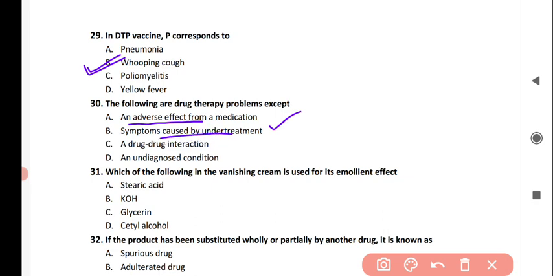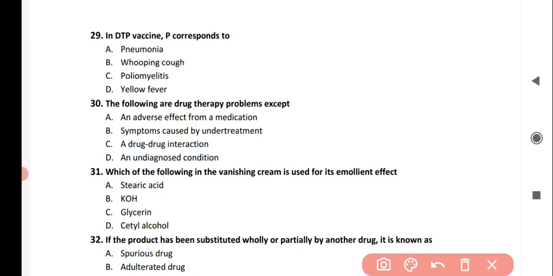Symptoms caused by under treatment is a drug therapy problem. A drug-drug interaction, if multiple drugs are given, will cause some interaction that can be shown in the body, so it is also a drug therapy problem. Then undiagnosed condition is not a drug therapy problem, so option D will be correct for this question.